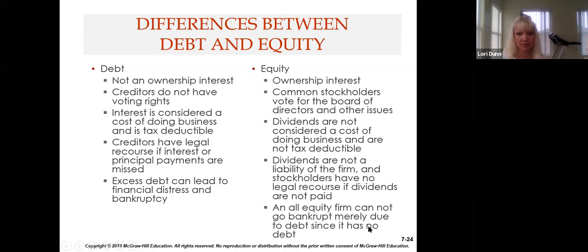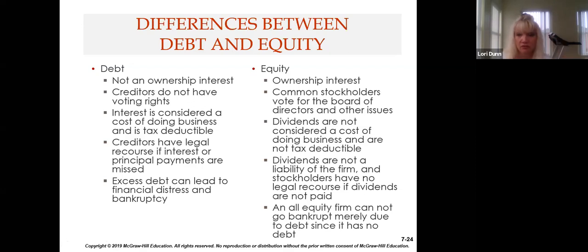What does this mean? Well, a corporation that issues bonds now has debt, meaning they owe the money. And that could lead them into financial distress. Think about right now, corporations that have bond issues, and they're not operating, or they're operating and making less money than they normally do. They may have a problem paying interest payments.